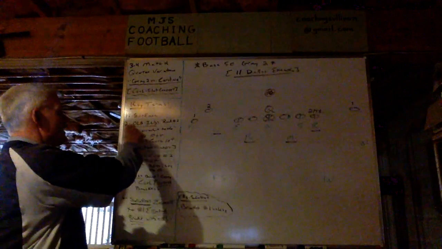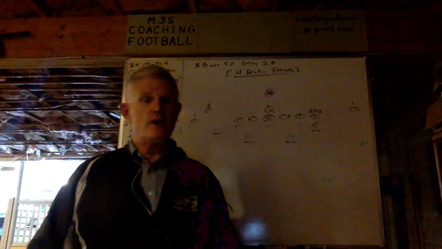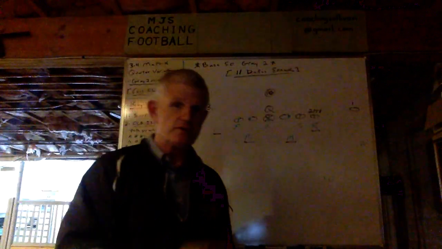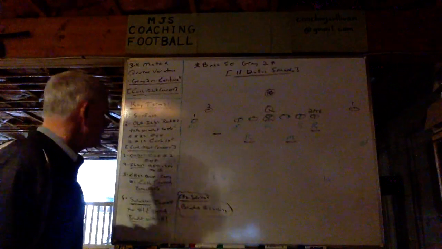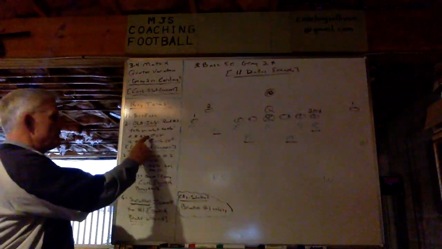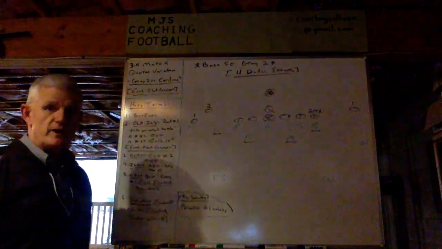So what we tell our outside and inside linebackers is, it always starts with surface, but the rhyme, read number 2, tells you what to do. Okay? And so number 2 in this concept is going to do the out, and number 1 is going to run a vertical route.